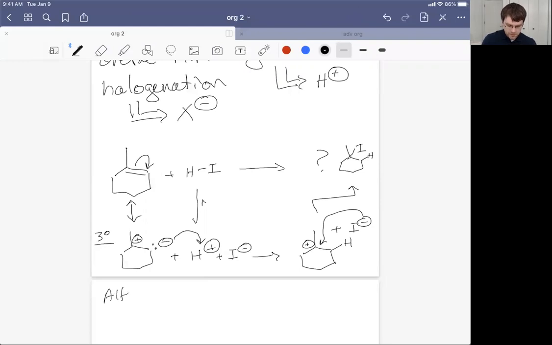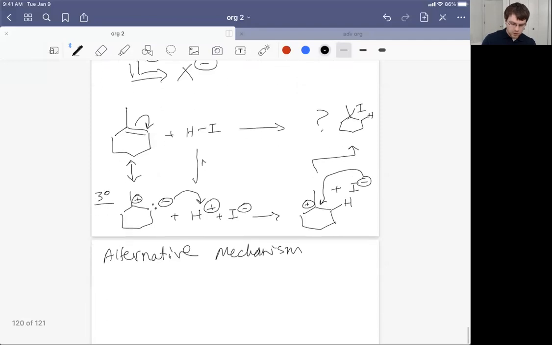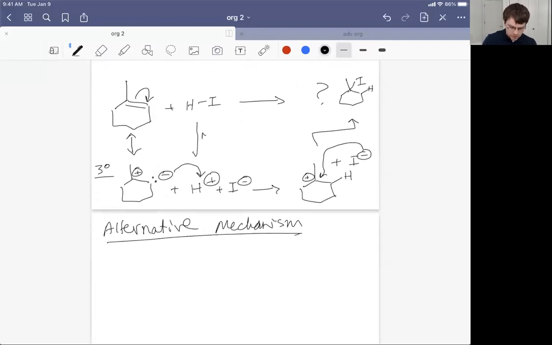Now, an alternative mechanism that actually does the exact same thing for us, but it's just not as insightful, I'll say, is one in which we have this reacting with HI, and we have either the pi bond directly attacking HI and pushing electrons onto the iodine, or we consider the dissociated pair of ions.